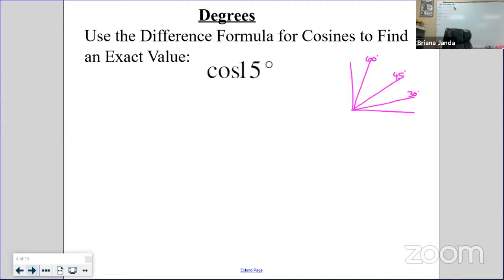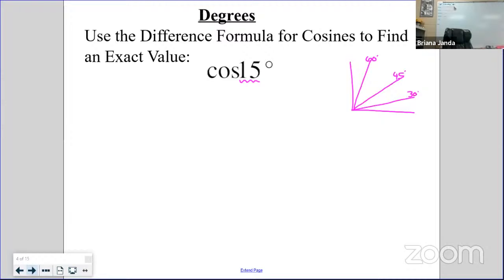And what you want to do is find a combination of these numbers in which I can add or subtract them to get this number. And there are many, many ways of doing that, okay? Using our word bank in the first quadrant of 30, 45, and 60, give me an option of how I could get 15 degrees through addition or subtraction.